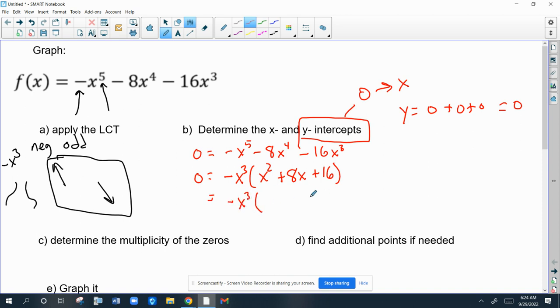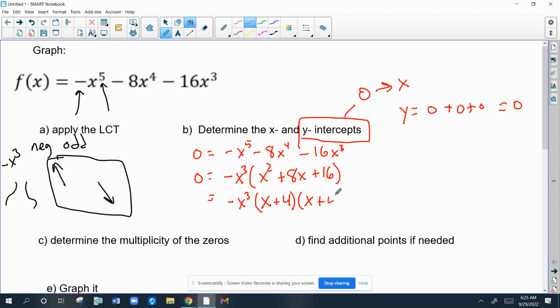Now you're going to keep on factoring if possible. Either you look for factors of 16 that add up to 8, and that's 4 and 4, or you notice it's a perfect square trinomial and you can do the shortcut. But I'm going to pretend I didn't notice that. I'm just looking for factors of 16 that add up to 8.